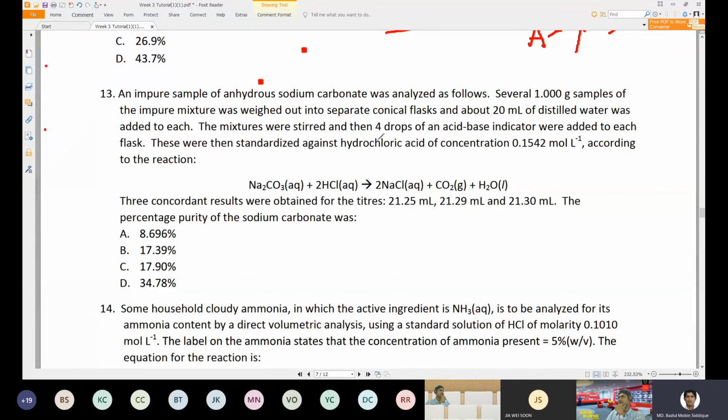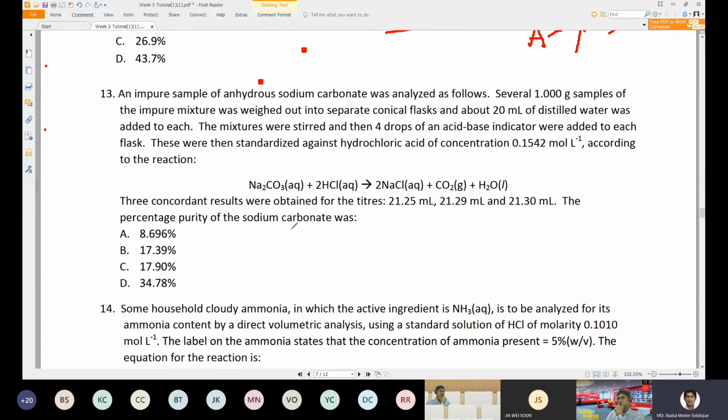The mixtures were stirred, and then 4 drops of acid-base indicator were added to each of the flasks. These were then titrated against hydrochloric acid of concentration 0.1542 mole per liter according to the reaction. Three concordant titres were found to be this.